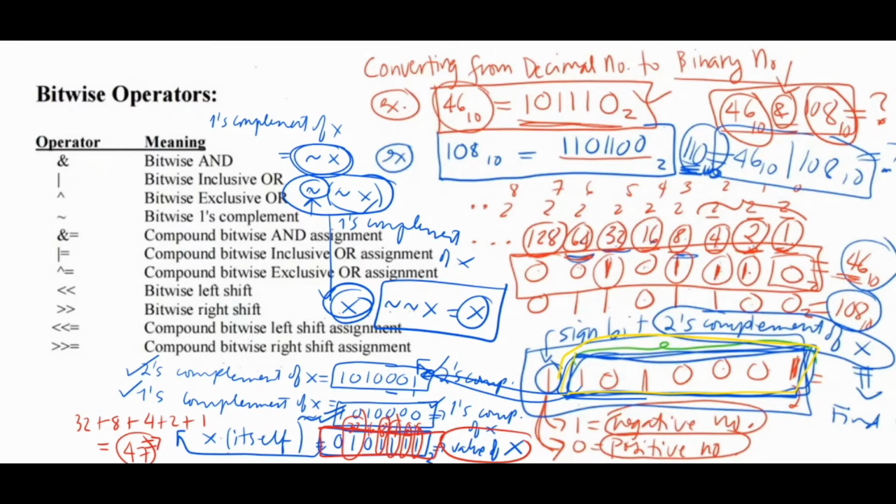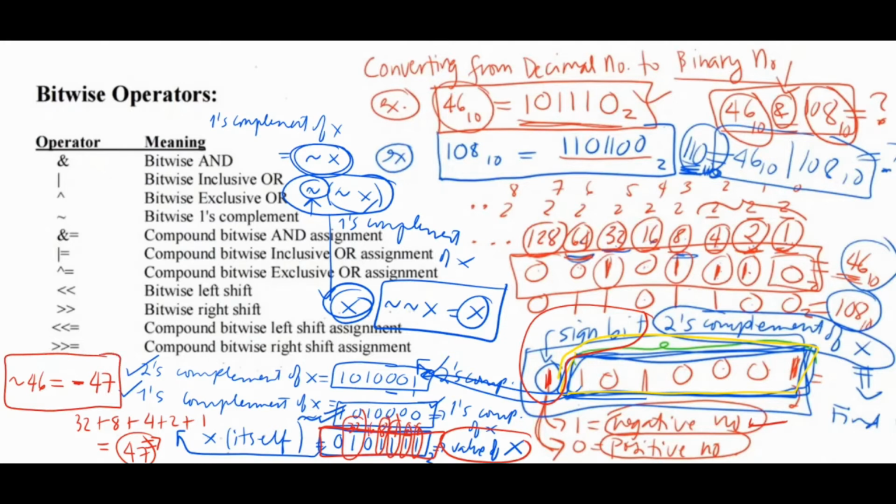So this binary value, which is the value of x itself, is equal in decimal form to 47. And therefore, going back to the value we are trying to find, the not of 46, which is the bitwise 1's complement of 46, the sign bit is 1, which means it is a negative number. Therefore, this is negative 47.